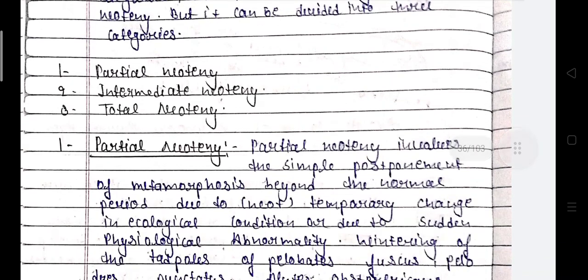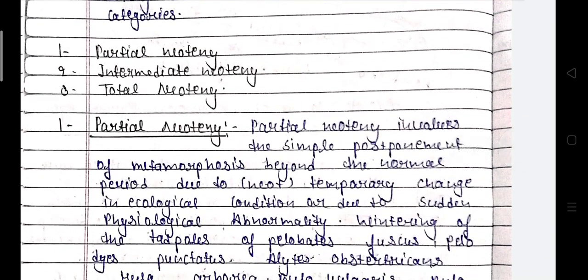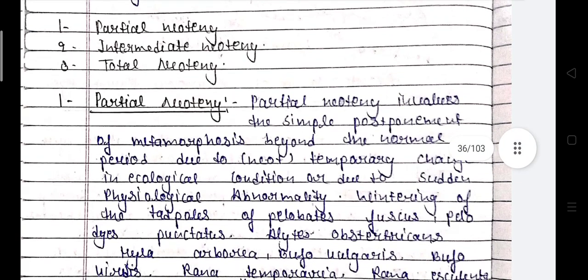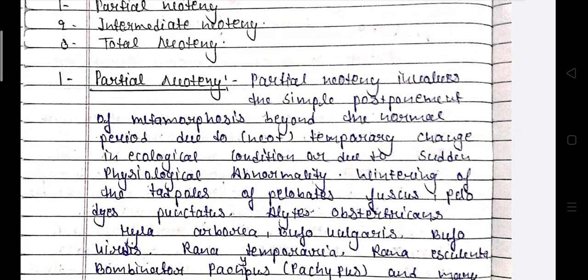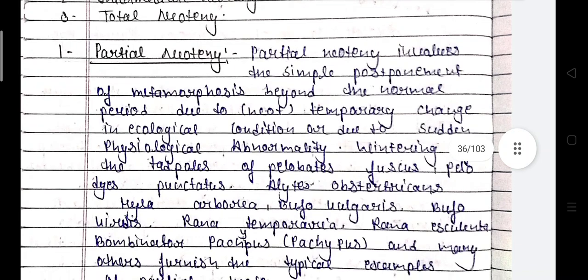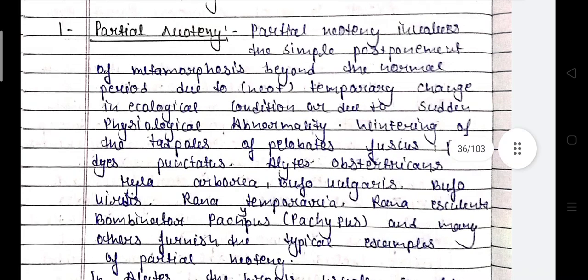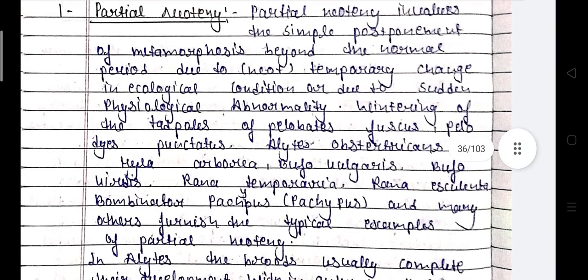Partial neoteny involves the simple postponement of metamorphosis beyond the normal period due to a temporary change in ecological conditions or sudden physiological abnormality, as in the tadpoles of Pelobates, Fuscus, Pelodytes, Alytes, Hyla, Bombina, Bufo, Rana, Rana tigrina, and Rana cyanophlyctis.